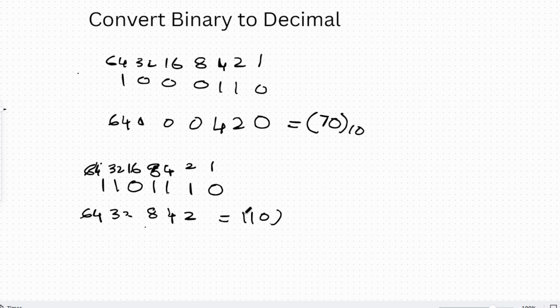So 110 to the base 10 is equal to 1101110. So it's not a big deal. You just write the numbers on top, starting with 1, and keep on multiplying by 2. So 1, 2, 4, 8, 16, 32, 64, 128, and so on and so forth. You get the decimal number.